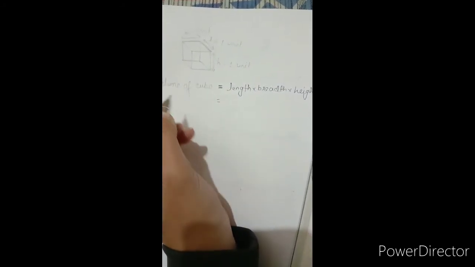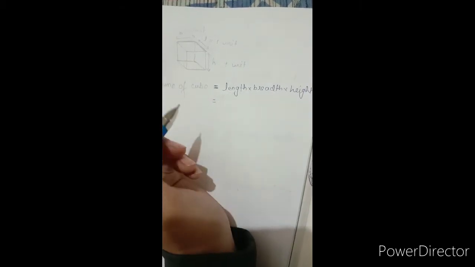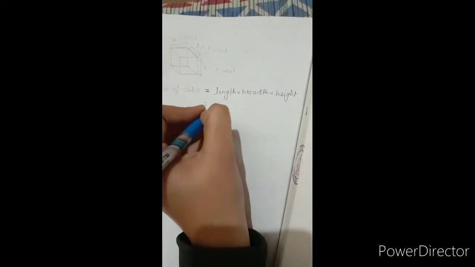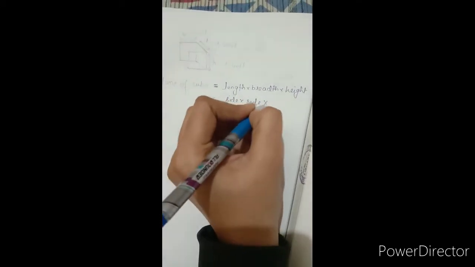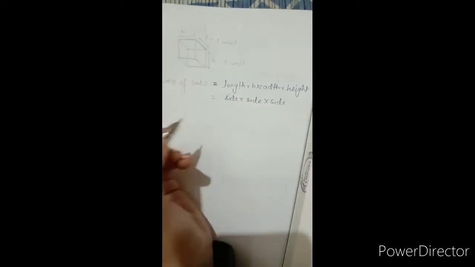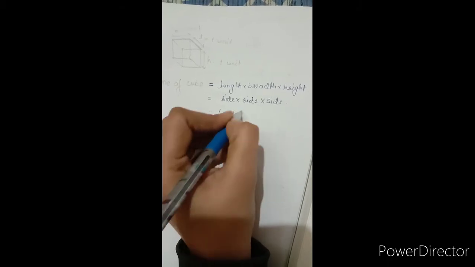But in case of cube, always length equal to breadth equal to height, so we can say that it is side multiply side multiply side, or side to the power cube.